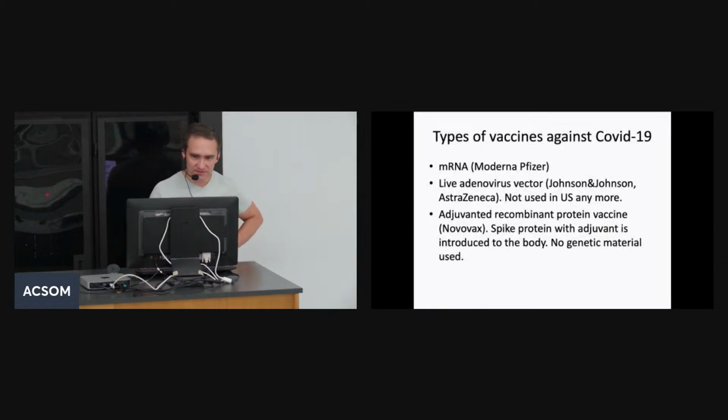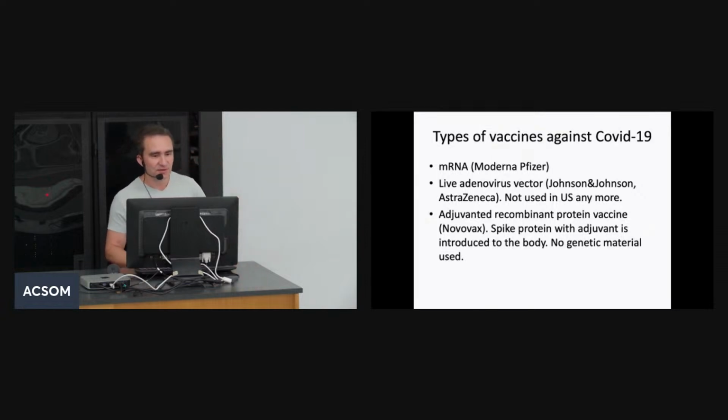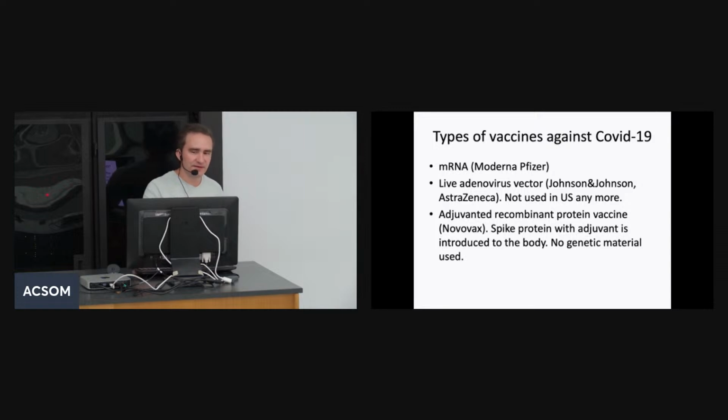So we'll talk about the vaccines against COVID. I think we have a few available now in the US, and the ones most used are the messenger mRNA vaccines, which are made by Moderna and Pfizer. Live adenovirus was approved at the beginning, but it's not used in the US anymore.